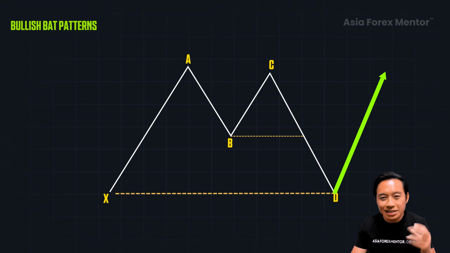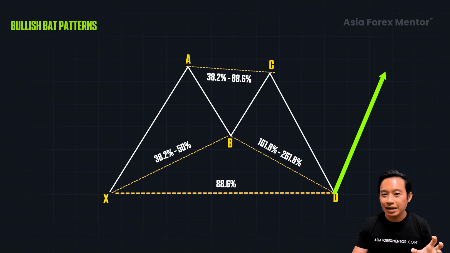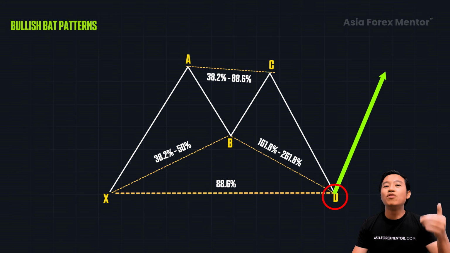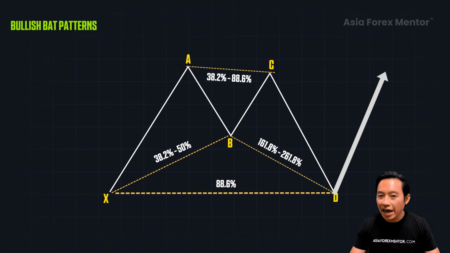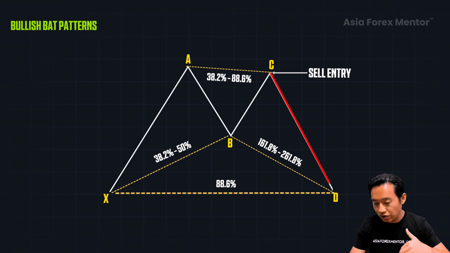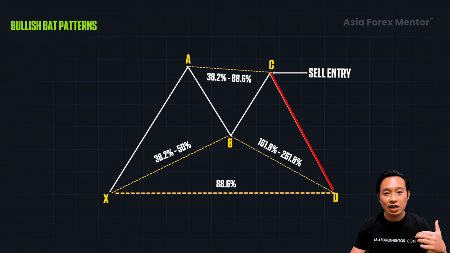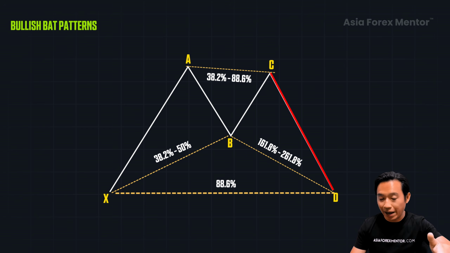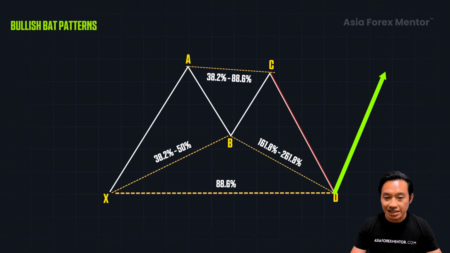Alright, so now when all these Fibonacci ratios are met, this gives the probability of price reversing upwards. So this is like trading progress; I could actually enter from here now. Or for example, if I enter from here at point C for a sell downwards, after I get out over here, I now know why price reverses back up, assuming there is no other support and resistance level over here.